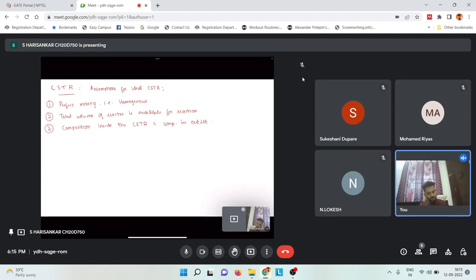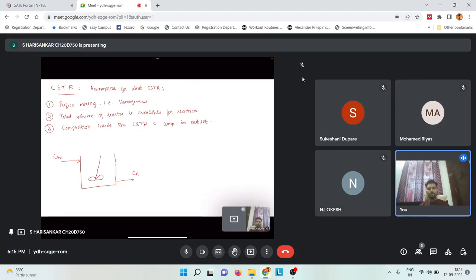We represent the CSTR like this. This is a stirrer of the CSTR. This is Ca0, which is the inlet concentration of the reactant, and this is Ca, the outlet composition of the reactant.